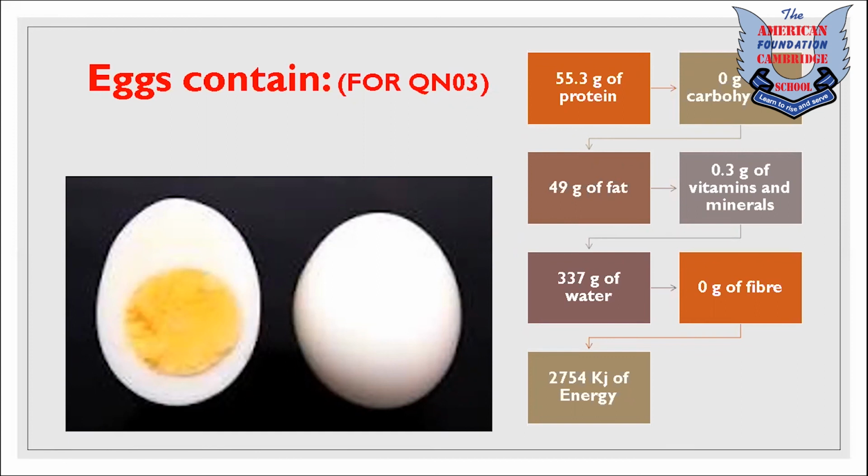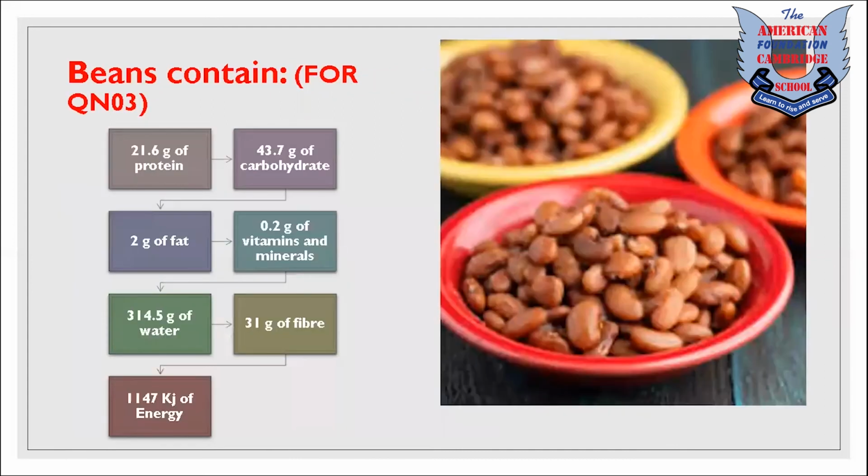I told you that if you eat a chocolate bar of 20 grams, you calculate its energy value by multiplying it with 17. Why 17? Because 1 gram can yield up to 17 kilojoules of energy, and you will get your energy value. So do it here with this data. Here's the data of beans.